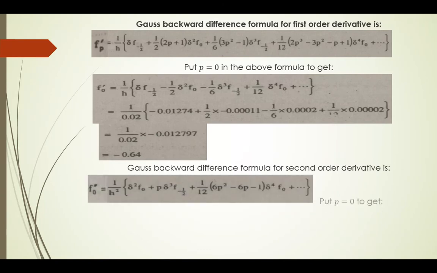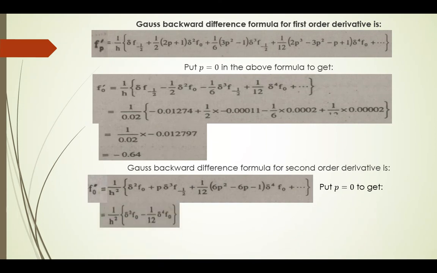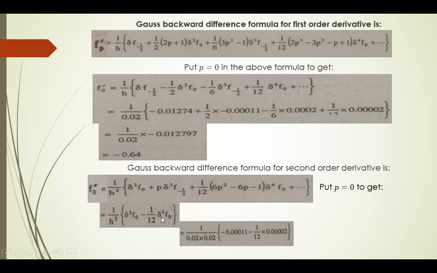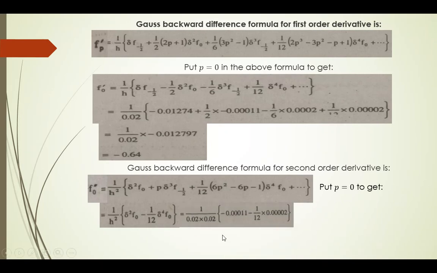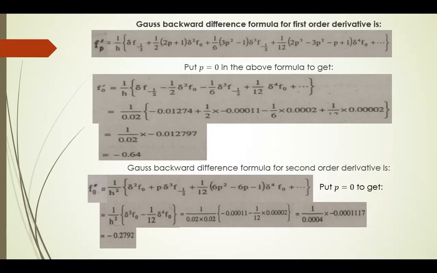Put p is equal to 0 and get the simple form of this formula, which is this one, and replace sigma square f naught and sigma 4 f naught from the table to get this thing, and the last one is minus 0.2792. So that is the last formula of chapter number 4.